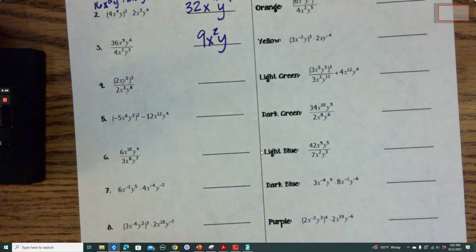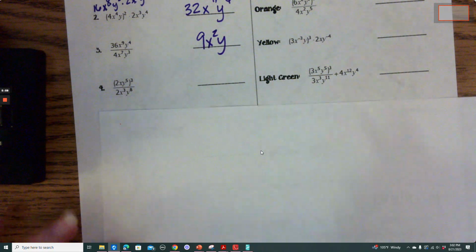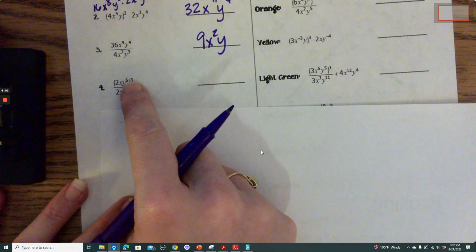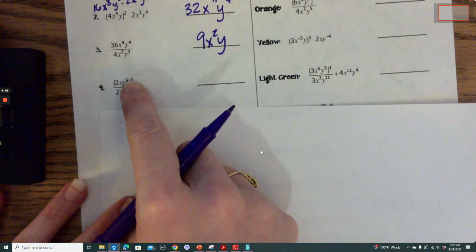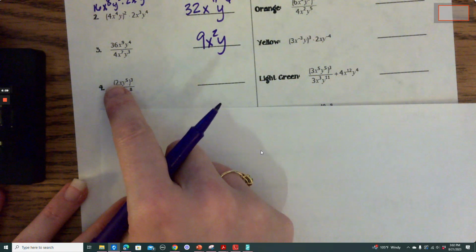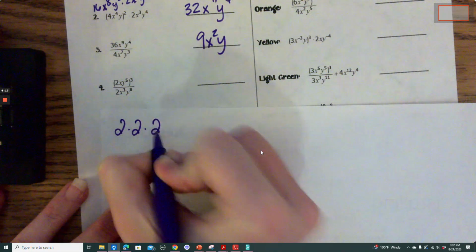All right, number 4 is combining rules. So I've got to do a couple things here. I've got everything in parentheses raised to the third. So I have to do it 3 times. So I've got 2. I would have to write it down 3 times.